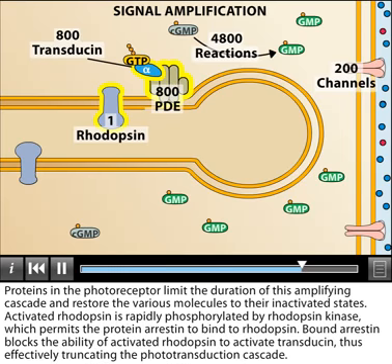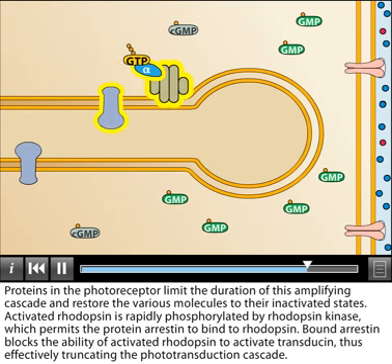Proteins in the photoreceptor limit the duration of this amplifying cascade and restore the various molecules to their inactivated states. Activated rhodopsin is rapidly phosphorylated by rhodopsin kinase, which permits the protein arrestin to bind to rhodopsin. Bound arrestin blocks the ability of activated rhodopsin to activate transducin, thus effectively truncating the phototransduction cascade.